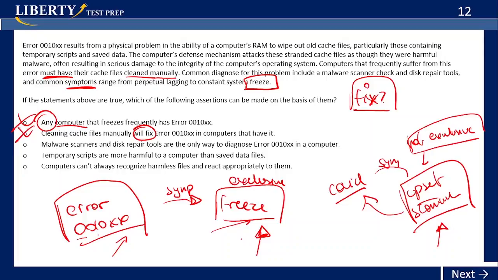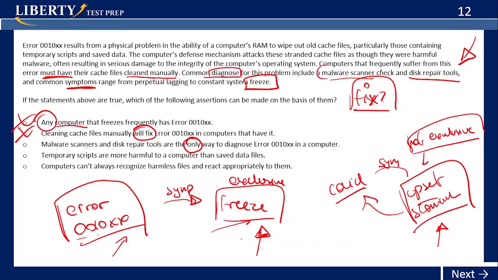C, malware scanners and these repair tools are the only way to diagnose this error in a computer. Are they the only way? Let's see where they talked about these malware scanners and these disk repair tools. They mentioned them here, right? A common diagnosis for this problem includes malware scanner and disk repair tools. They say common diagnosis.